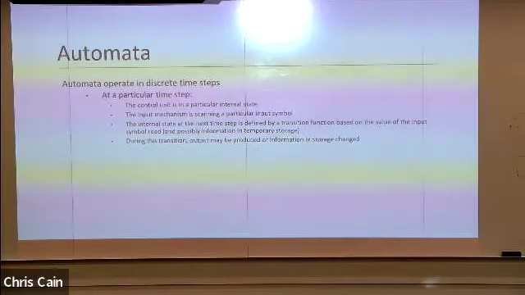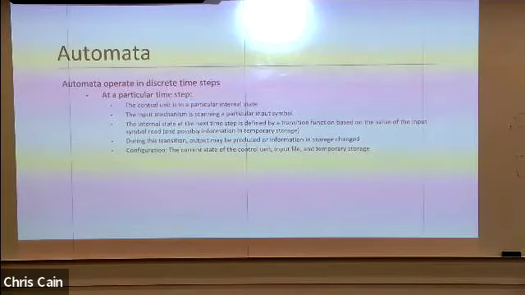So as we do this transition, we may or may not produce output. That way, we can take a snapshot of this at any particular moment in time, talking about the automaton's configuration.